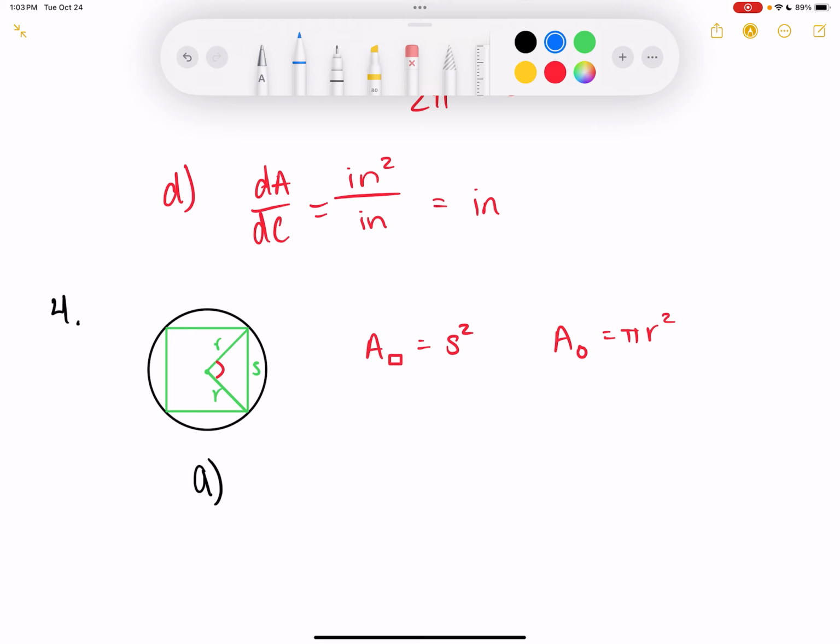So S squared is equal to R squared plus R squared, which means that S is equal to the square root of 2R squared. Taking R out, S is equal to R root 2. So now, what might I do to find the area of the square as a function of R?